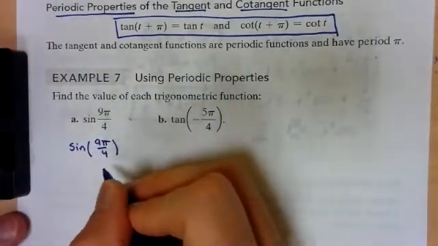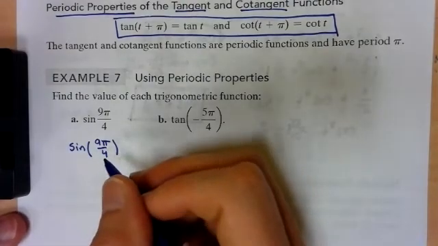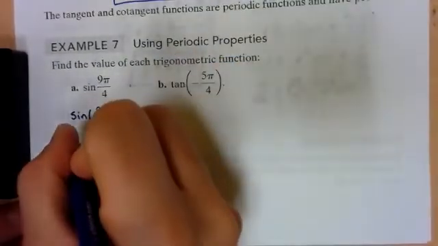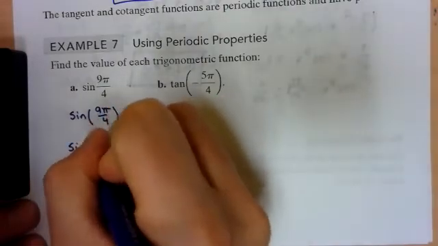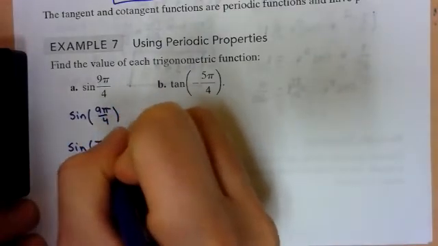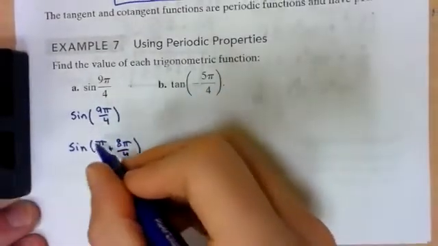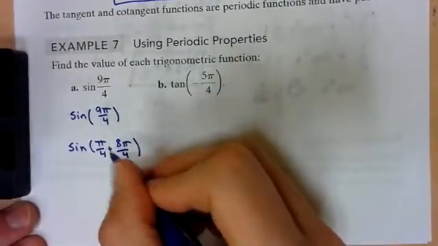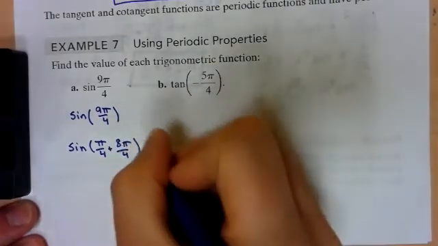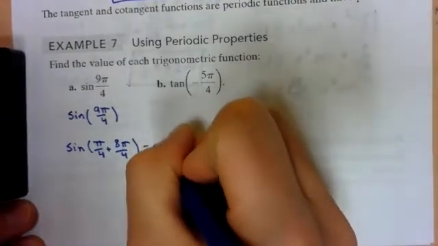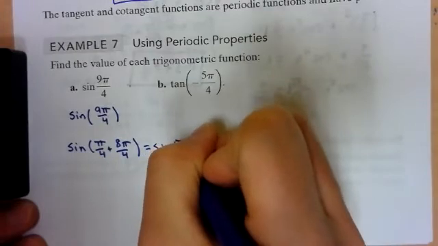Well, 9 divided by 4 is really 2 1/4. So really what's happening here is we have sine of pi over 4 plus 8 pi over 4, right? We can check this. Pi plus 8 pi is 9 pi, keep the common denominator of 4, which means that this is equal to sine of pi over 4.